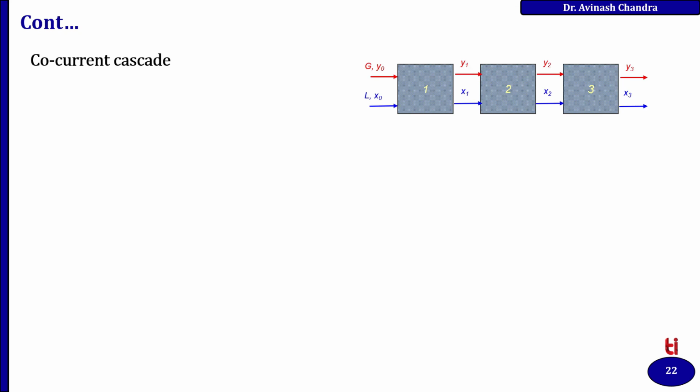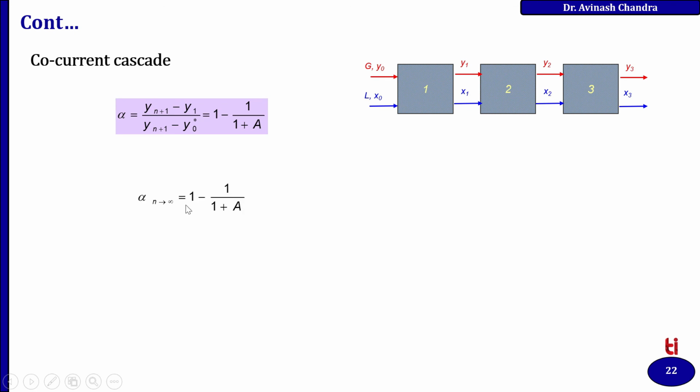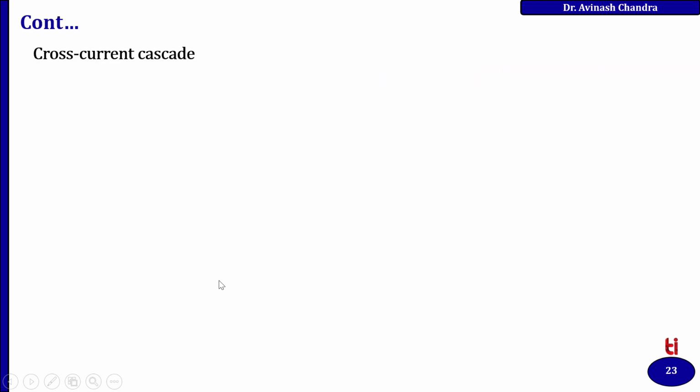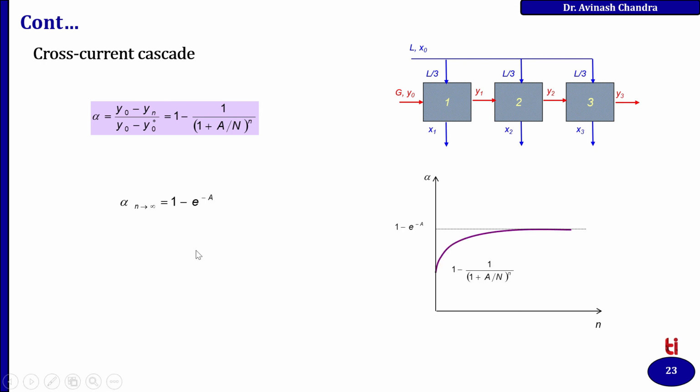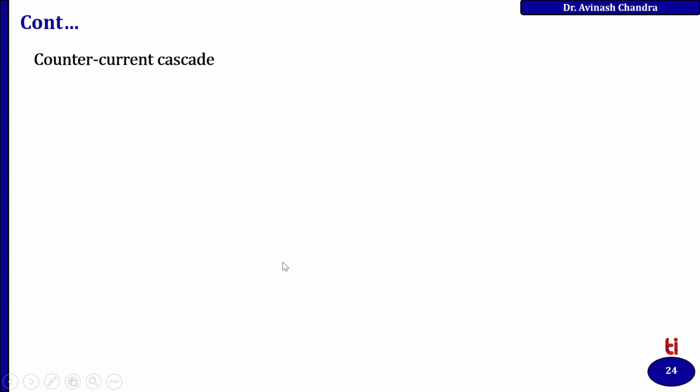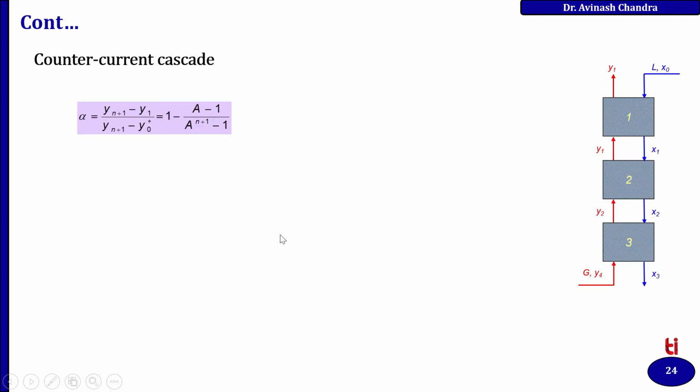For the co-current cascade, we know the definition of alpha is this, and if n tends to infinity, we get the plot for 1 minus this. For the cross-current cascade, similarly the plot for alpha will be like this, 1 minus e to the power minus A. In the case of the counter-current cascade, alpha is defined here, and as n tends to infinity, it becomes 1.